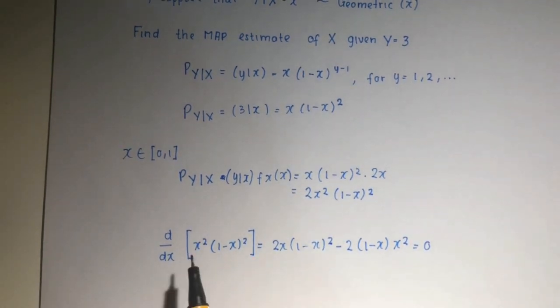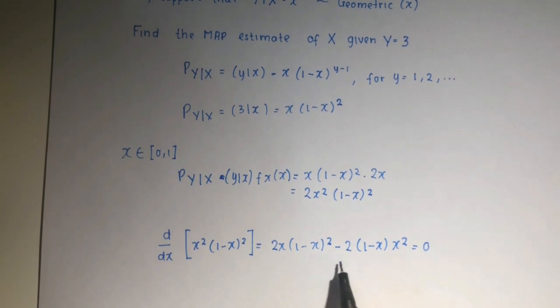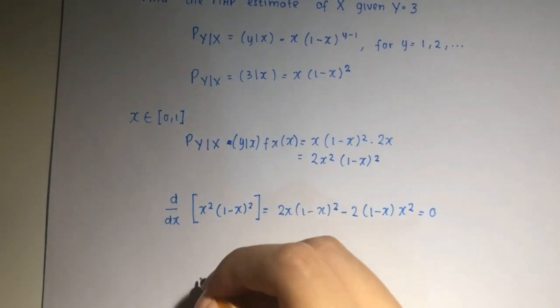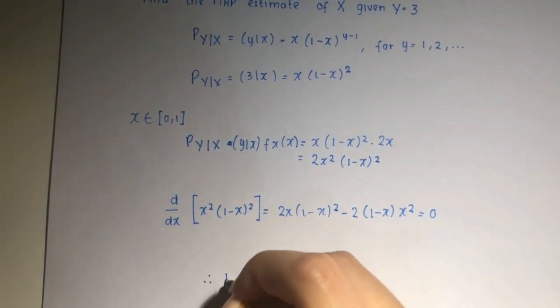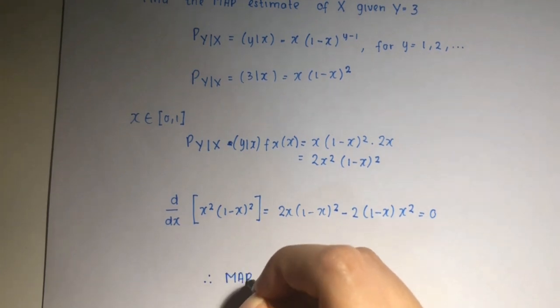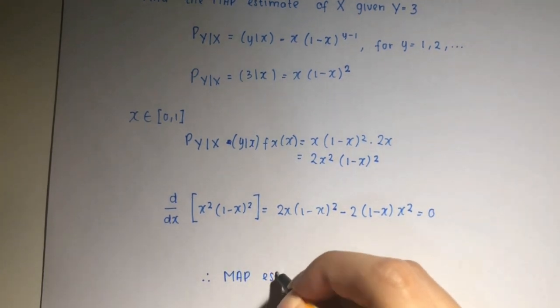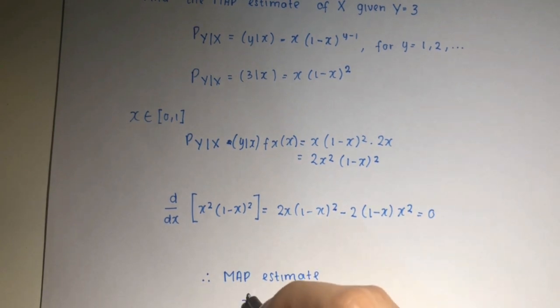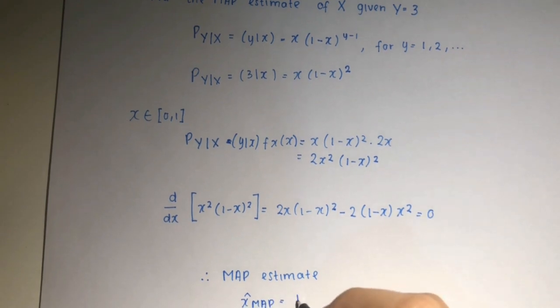And when we differentiate everything and jot it all down, we can solve for x and check the maximizing criteria, and then we can obtain the MAP estimate of 1/2.